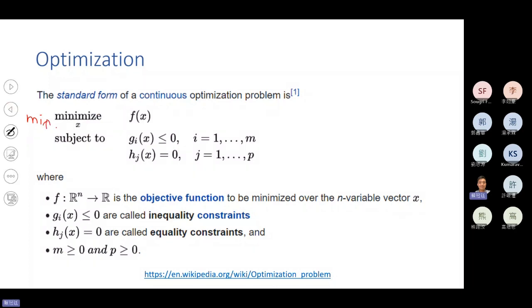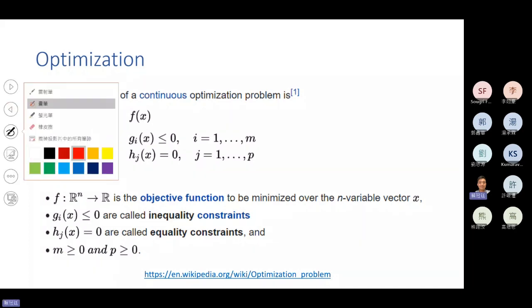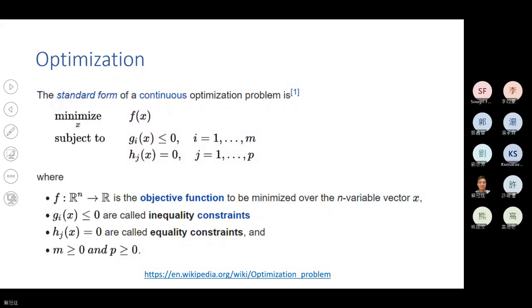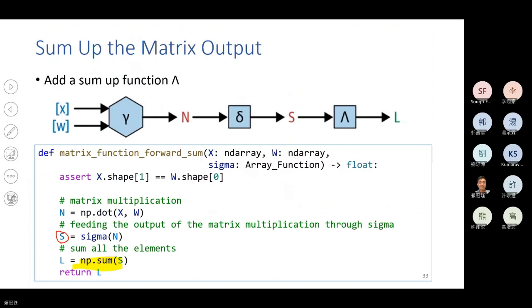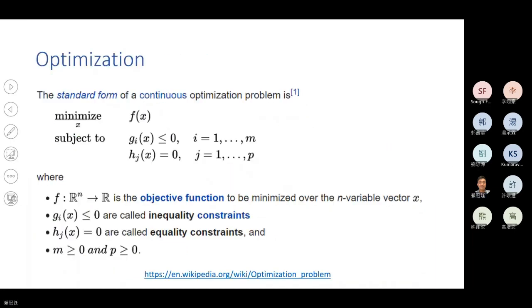And the min will be written with a dot. The dot means this is the abbreviation of minimize. It's not just min, minima. It's a verb.